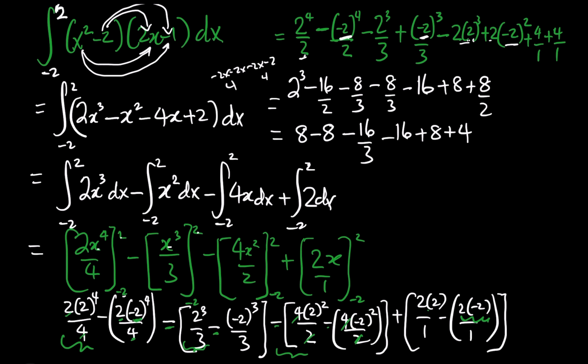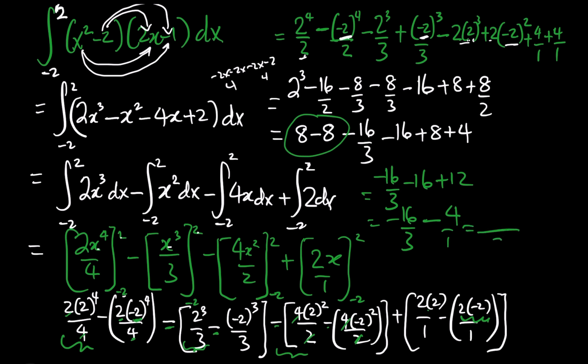Now, if we can see here, this goes away, and then we end up getting negative 16 over 3 minus 16 plus 12. Can you see that? We end up getting negative 16 over 3 minus 4, minus 4 over 1. And we can solve that.